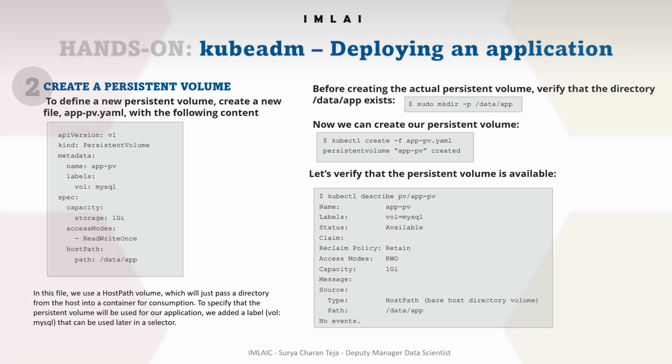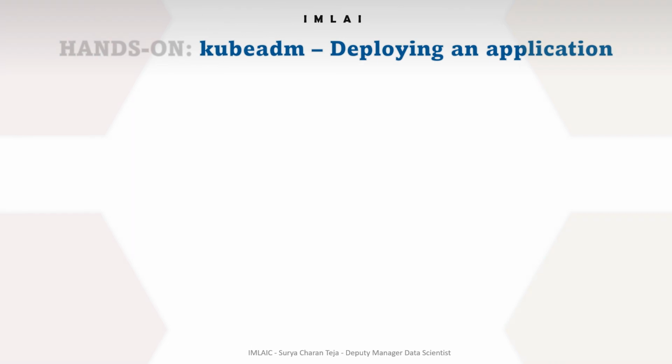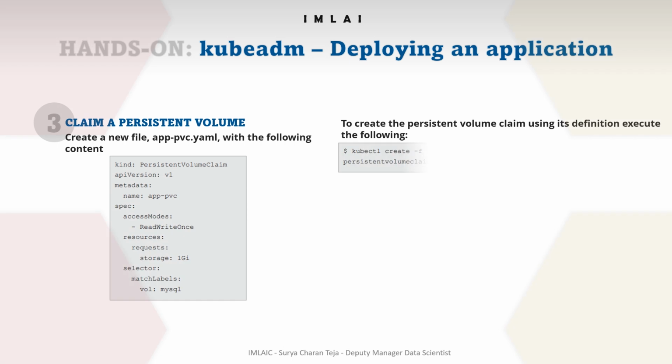The third step is to claim this persistent volume. For MySQL, we need to claim our previously created persistent volume. So create a new file called app-pvc.yaml, that's the persistent volume claim, and this file consists of this information.